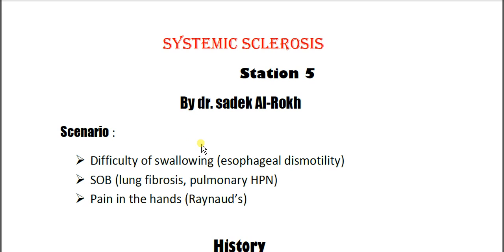Before going to how to approach the case of systemic sclerosis, let's rapidly review the systemic involvement of a case of systemic sclerosis. We will start with the hands.